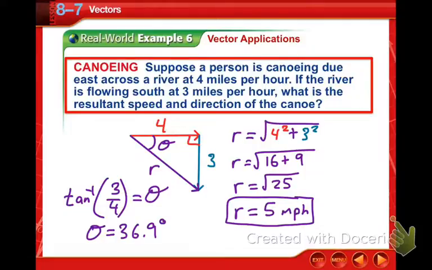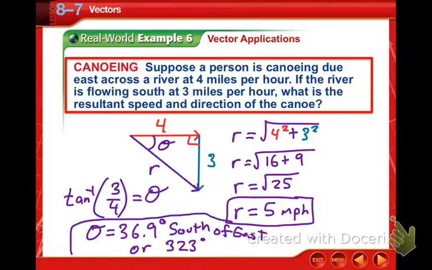However, that's great, but we can say that, but we have to describe it, right? So this is going to be south of east, or we can subtract this from 360 again, and this gets us 323. So there's our two answers, our magnitude and our direction.